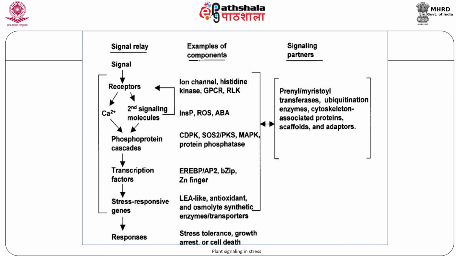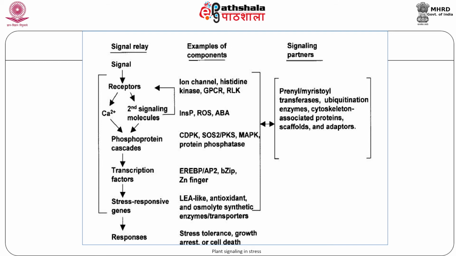ABA is undoubtedly the plant hormone most intimately involved in stress signal transduction. The figure shows a generic pathway for the transduction of cold, drought and salt stress signals in plants. Examples of signaling components in each of the steps are shown.